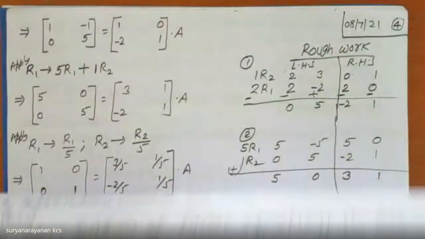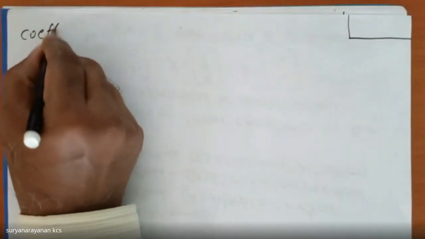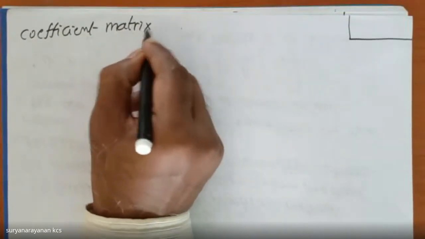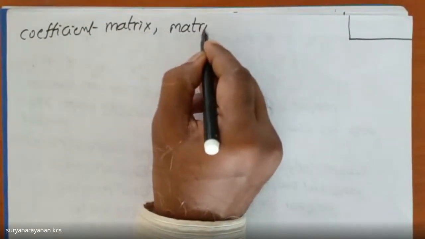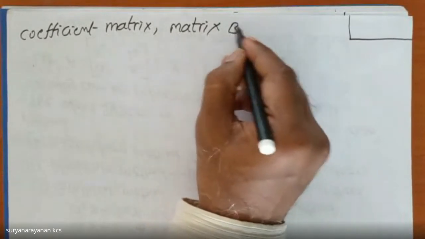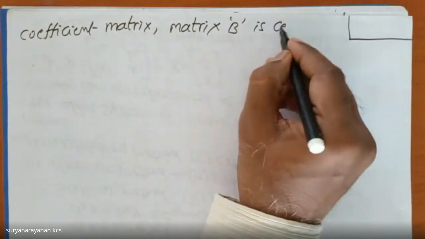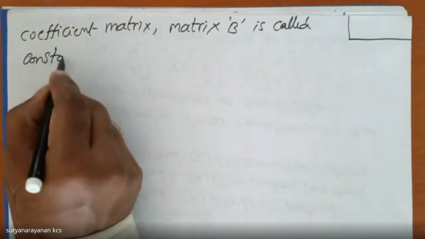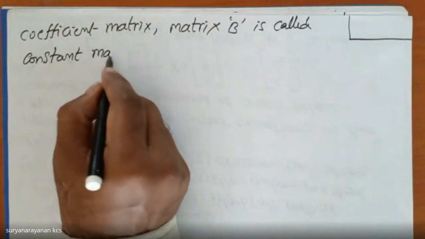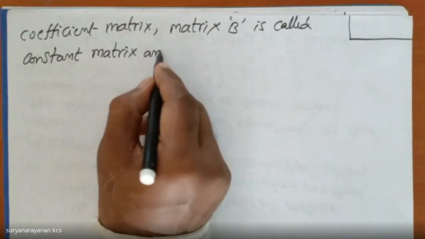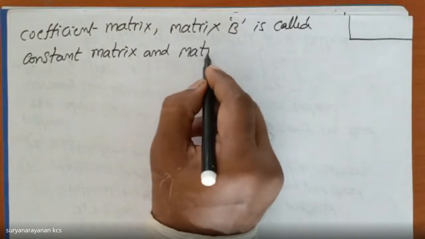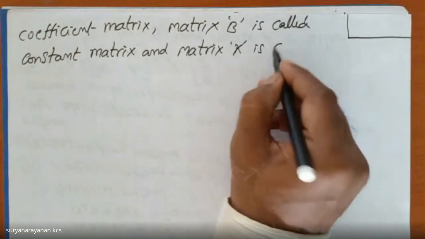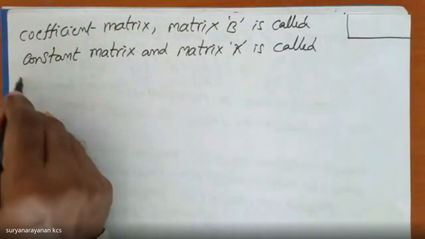Matrix A is called coefficient matrix, matrix B is called constant matrix, and matrix X is called variable matrix.